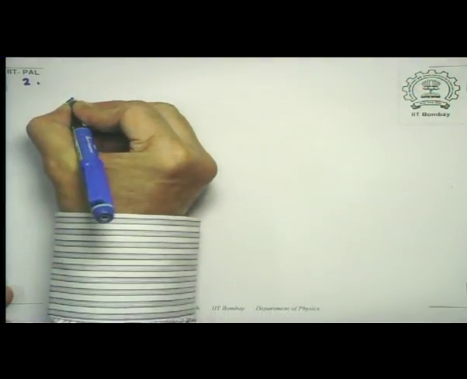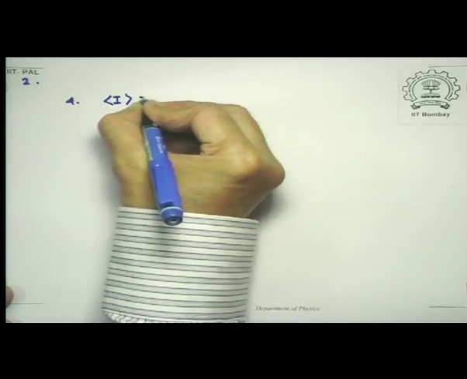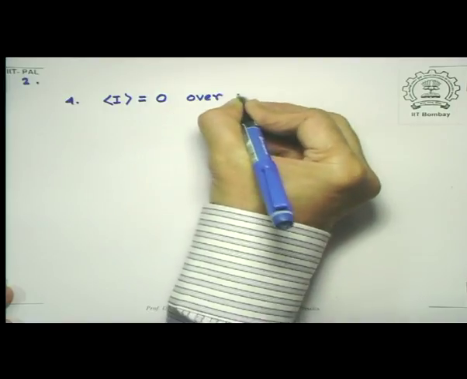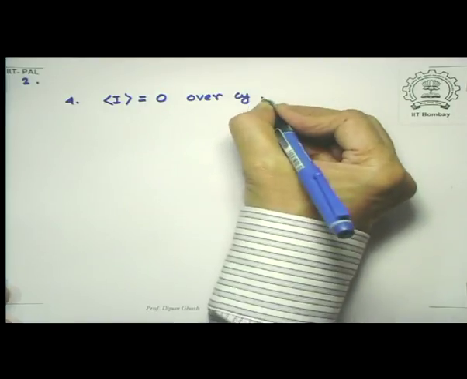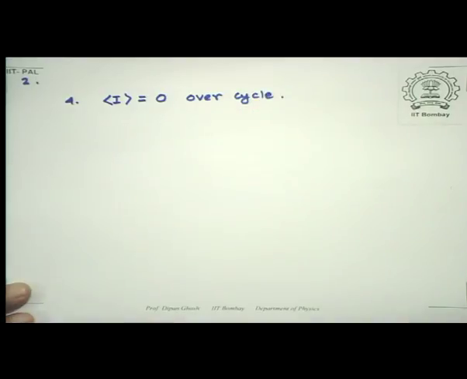Since the time variation of both the voltage and the current was sin omega t, we proved that the average of the current, also that of the voltage, over a cycle is equal to 0, because sin omega t, sin 2 omega t, etc., their average turns out to be equal to 0.